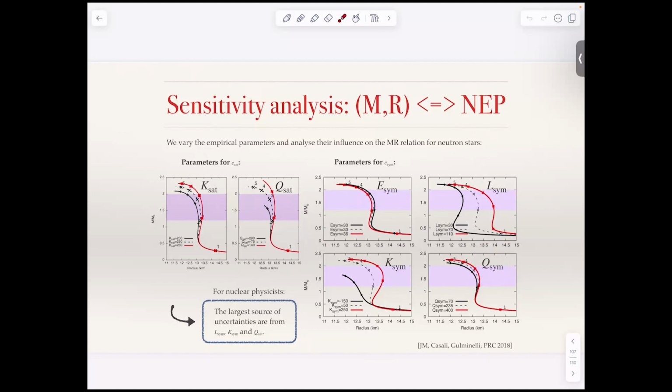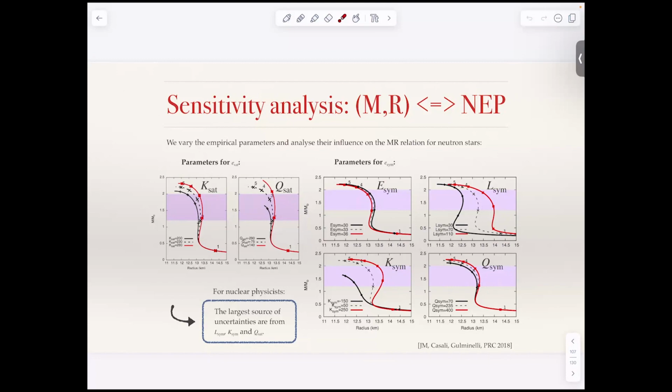And then the conclusion of this simple analysis is that there are three empirical parameters that are extremely important to know and to control. And they are not so high in the expansion, they are pretty low. So even though we may discuss and argue about the high order empirical parameters, at the end of the day, it doesn't matter very much.